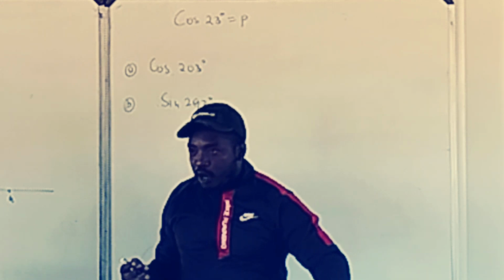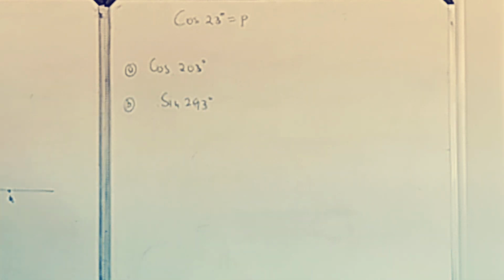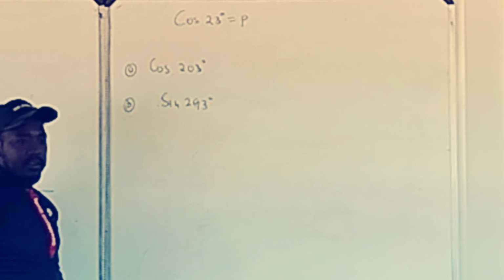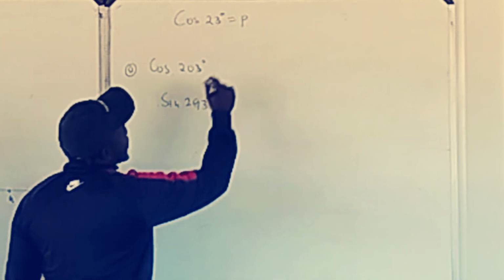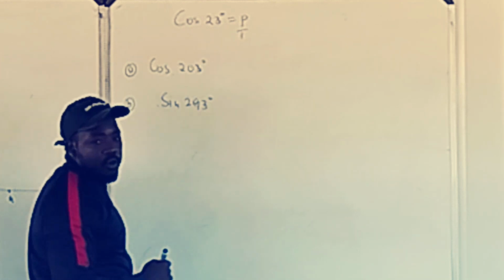We will not always tell you with the aid of a diagram. So you must always know that you can actually use your diagram, especially if you have your normal identities. Okay? So you have cos 23. This cos 23 in actual sense is cos of P over 1.